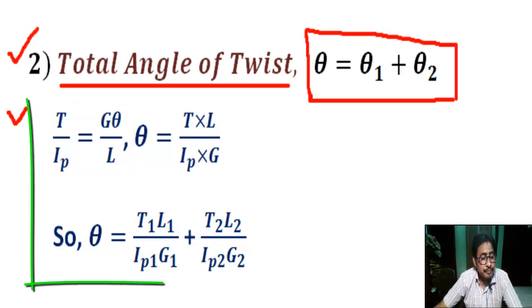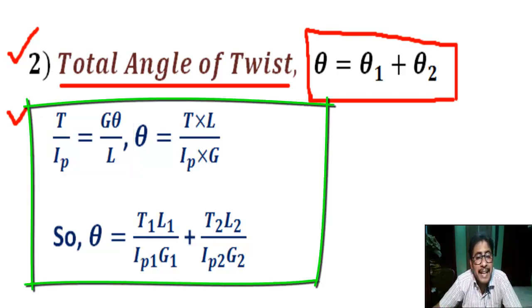From this equation, theta equals T into L by IP into G.